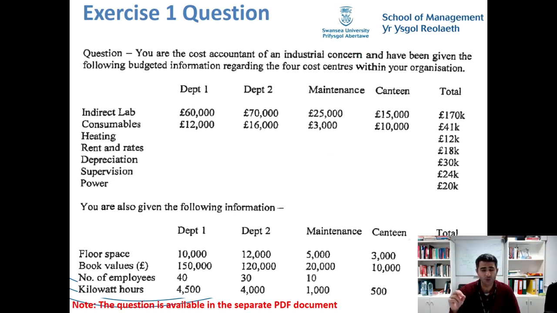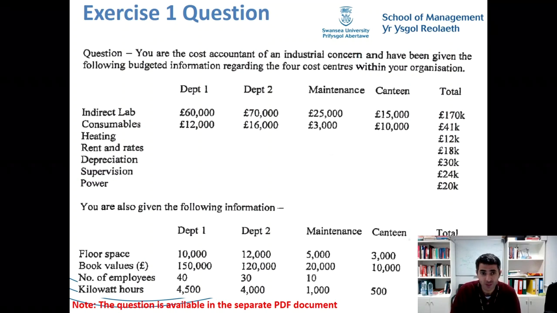What we need to do with the total overhead is distribute it, allocate it across each of the 4 departments. Of course you cannot say £170,000 divided by 4, here we go. No, that's not the case. We need to pick a basis at the bottom in order to allocate the overheads.